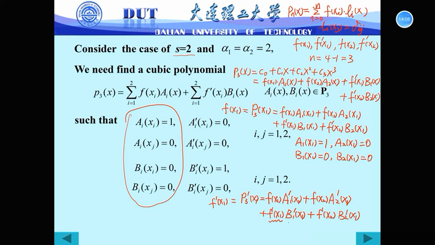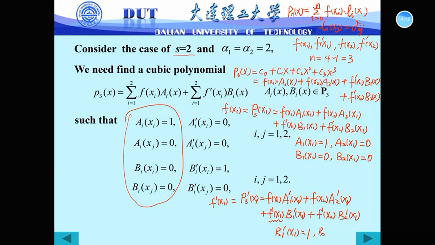So we need b1'(x1) equal to 1. Is it okay?